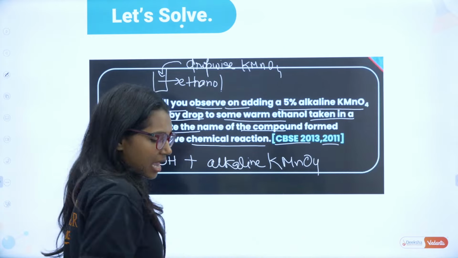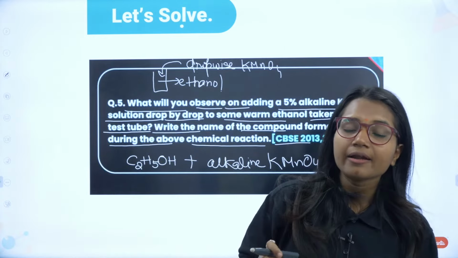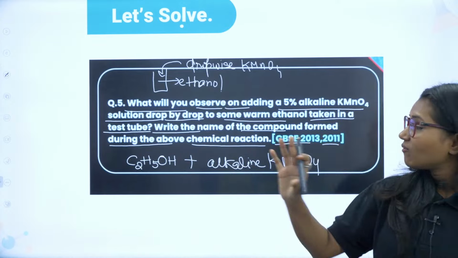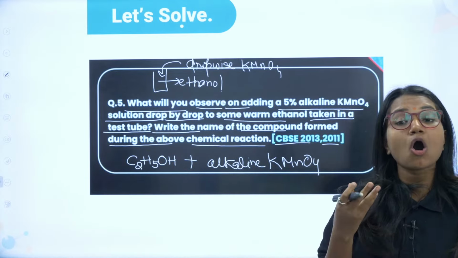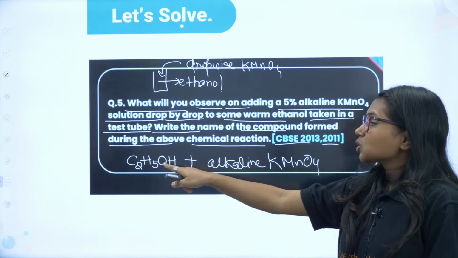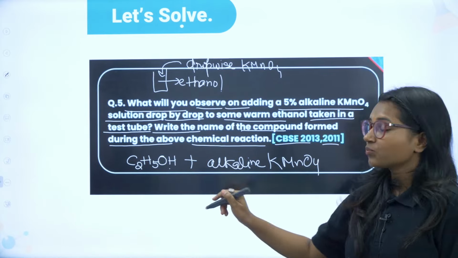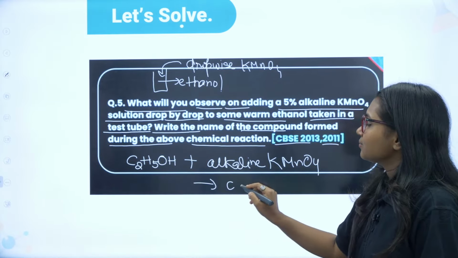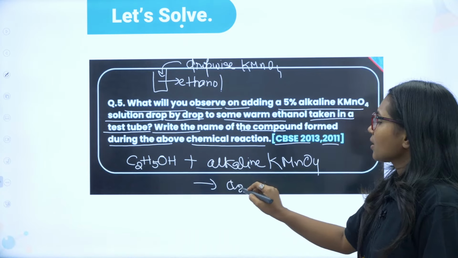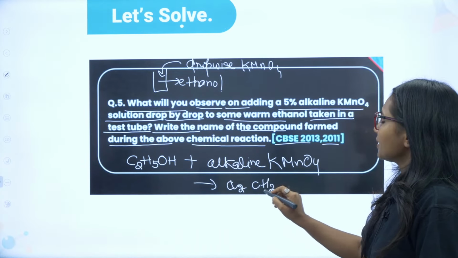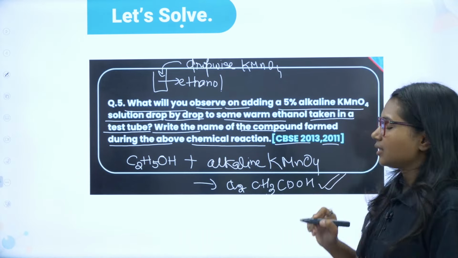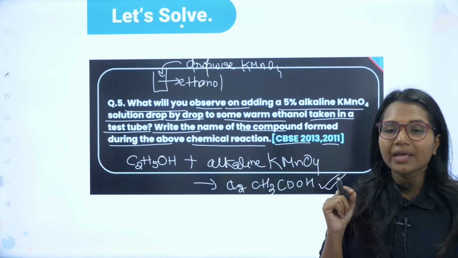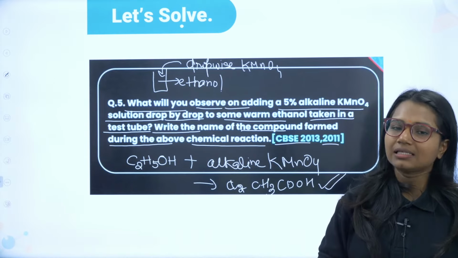You know that when alcohol reacts with KMnO4, KMnO4 is an oxidizing agent. It is going to oxidize this into acid, CH3COOH. The compound formed here is acetic acid.